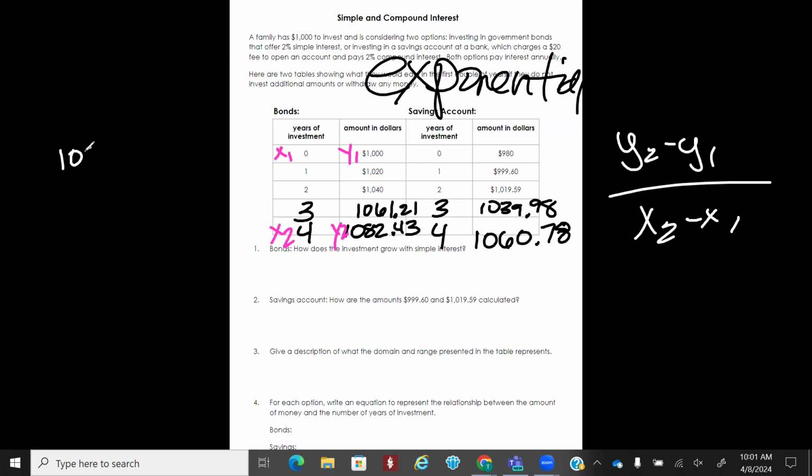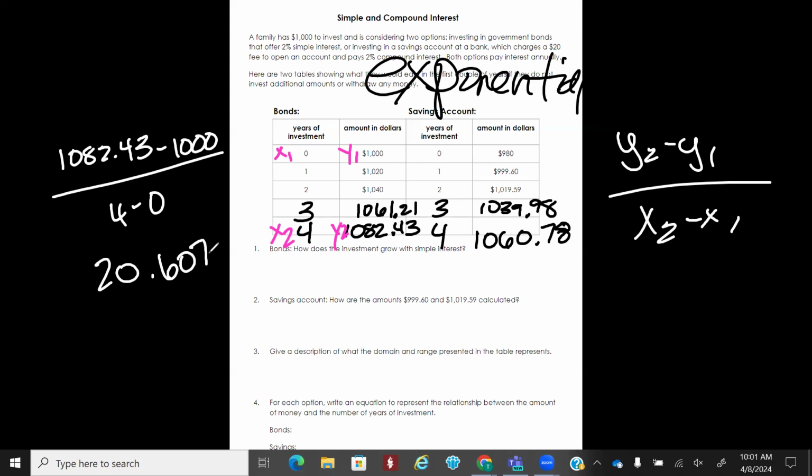So that's going to be 1082.43 minus 1,000 over 4 minus 0. When you plug that in, you're going to get 20.6075.